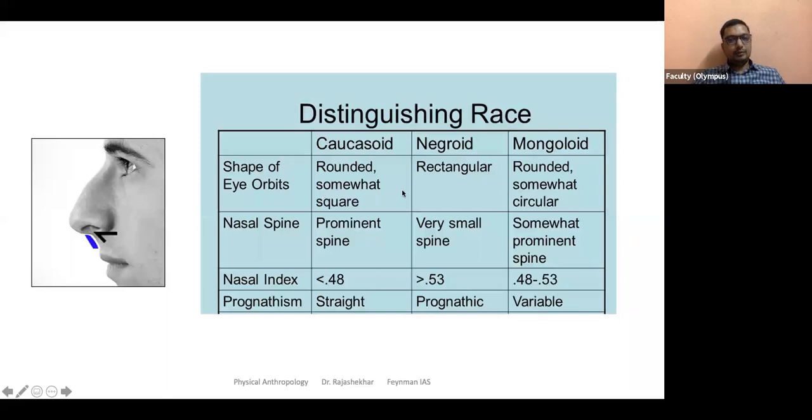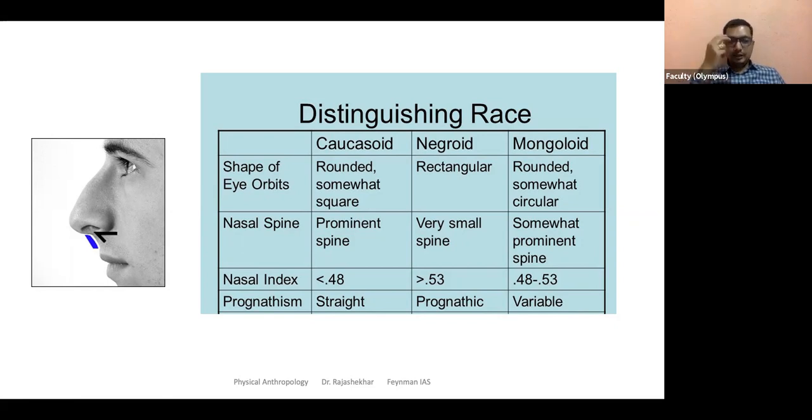Caucasoids seem to have round orbits, which are the pockets in which the eyes sit. More or less rounded in Caucasoids, rectangular in Negroids, and rounded and somewhat circular in Mongoloids.